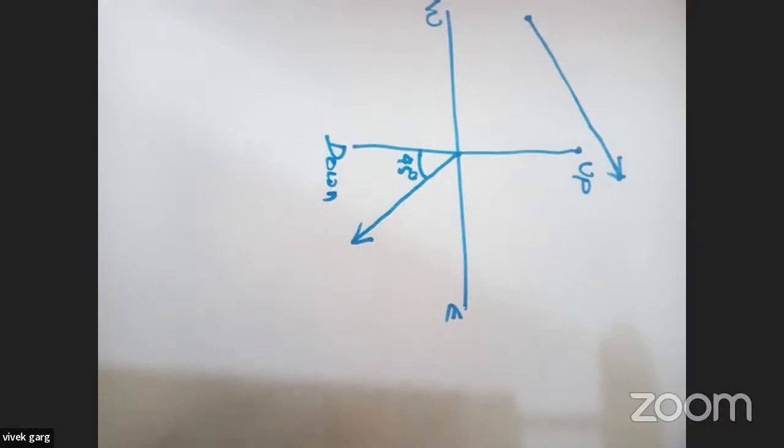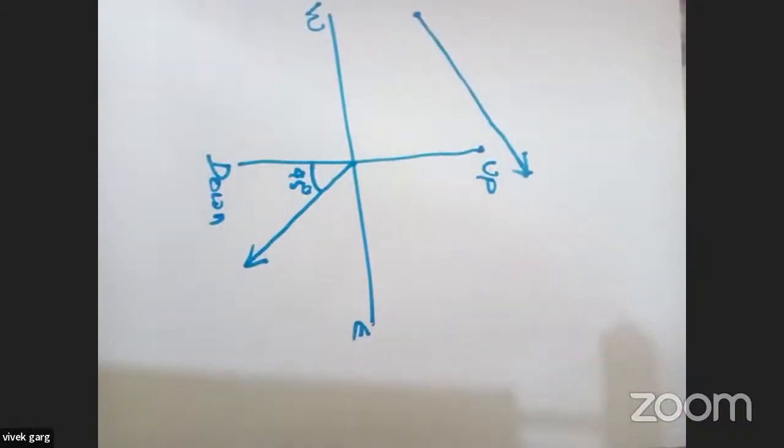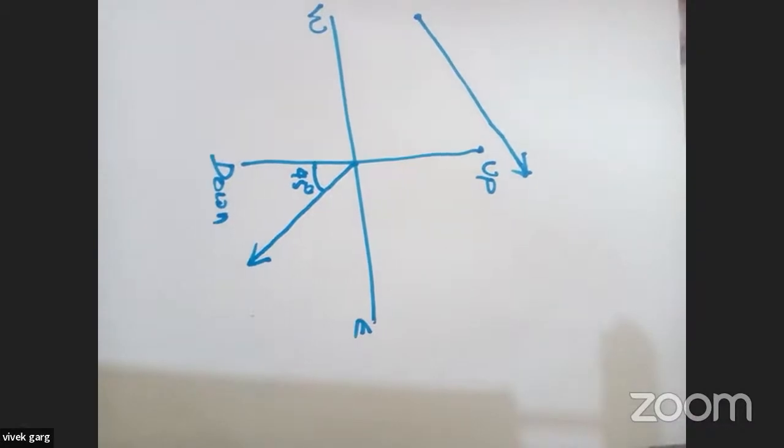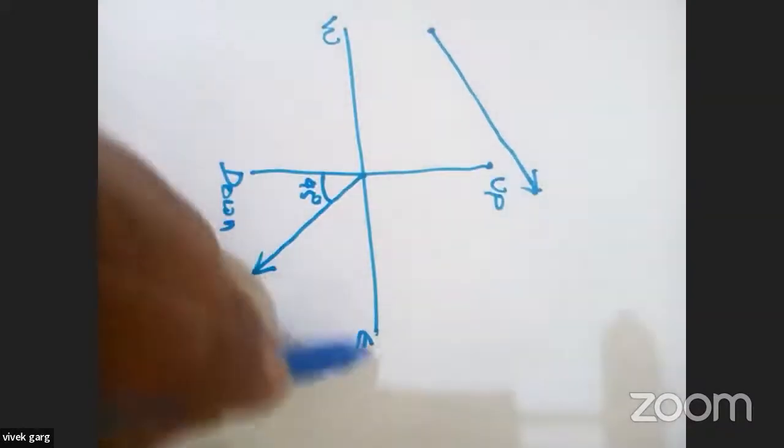So take your left hand out. Left hand must be west, right hand must be east, front will be north, back will be south, and then up and down. So east-west, always consider that to be your x-axis.